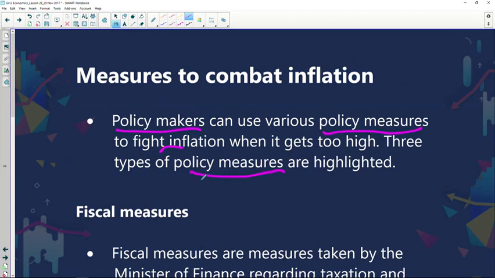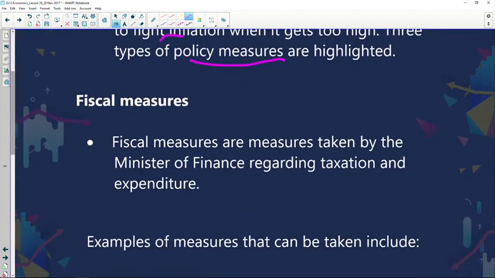Those are the bodies or the structures that monitor inflation in our country and also that regulate the targeting of inflation in our country. So it's important that we revisit these policies because they will help us to manage or to fight inflation so that it stays within those targets that are stipulated by the Minister of Finance.